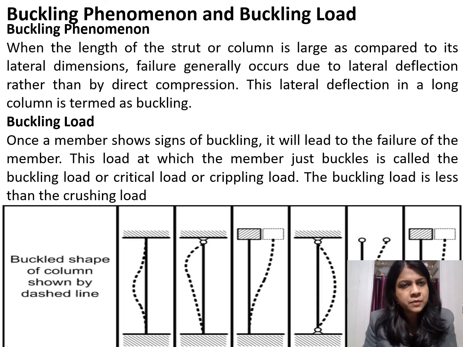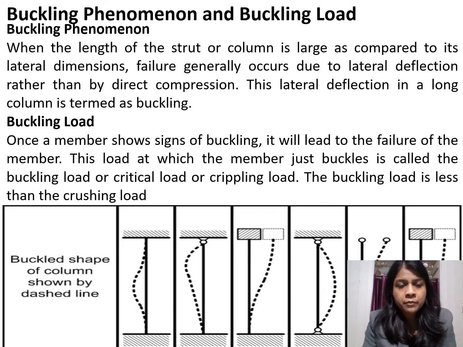Now we'll discuss what a buckling phenomenon is and what a buckling load is. Just now we have discussed that when heavy load is applied to a long column, the column will try to buckle, bend or deflect from its original position. So when the column starts bending or buckling from its original position, that phenomenon is called the buckling phenomenon.